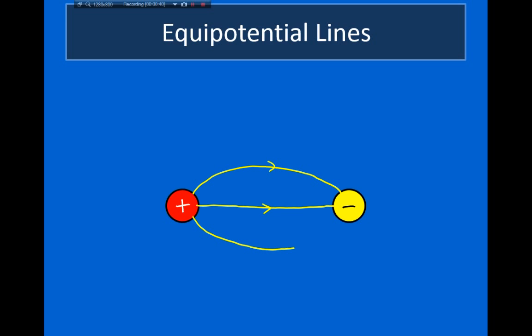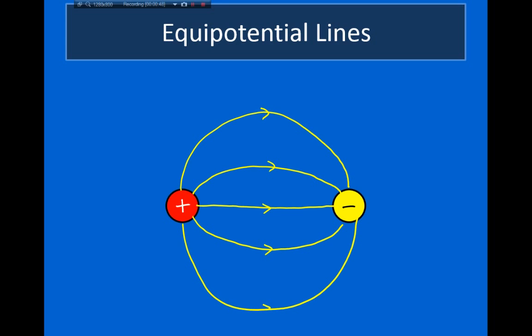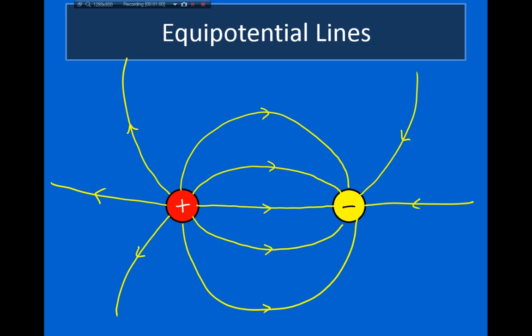So let me go ahead and draw these electric field lines. And the equipotential lines are perpendicular to these electric field lines.